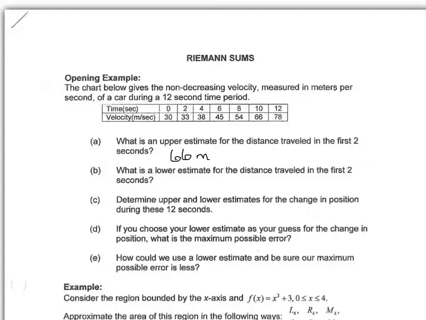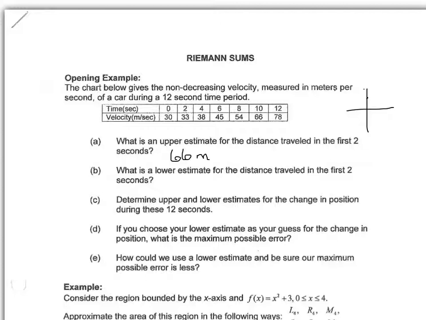Make sense? Because it could be that at time equals 0, if we were going to graph it, you're already at 30. And the upper estimate, obviously he's got to get from 30 to 33, but he could be at 33 the whole 2 seconds. Okay, what would the lower estimate be?